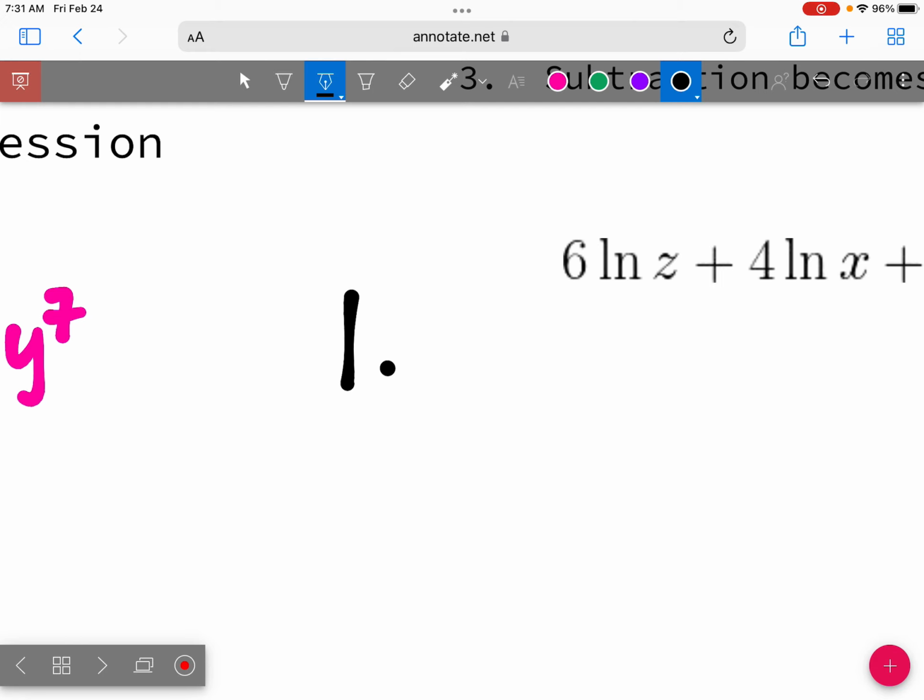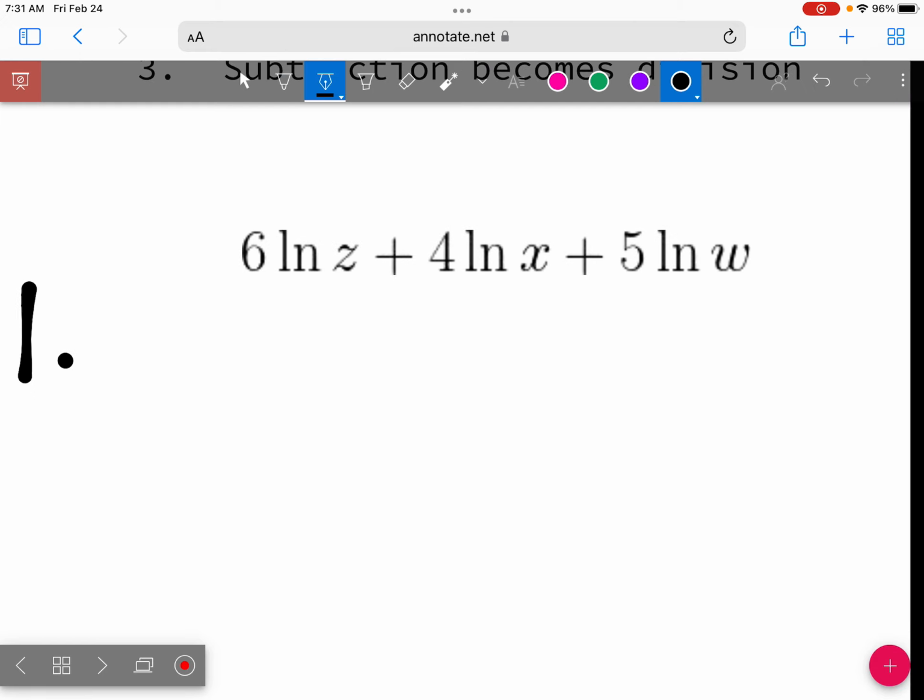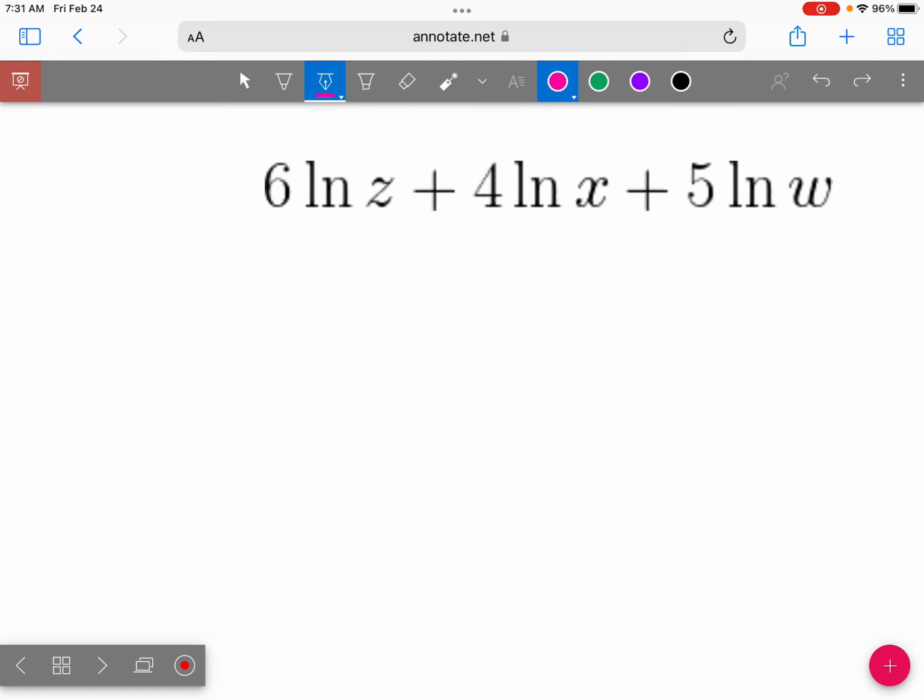Instead of writing ln. So let's go through, and we can just rewrite this as, nope, that's not what I wanted. Sorry. We can rewrite this as, sorry guys. Me and technology do not get along.